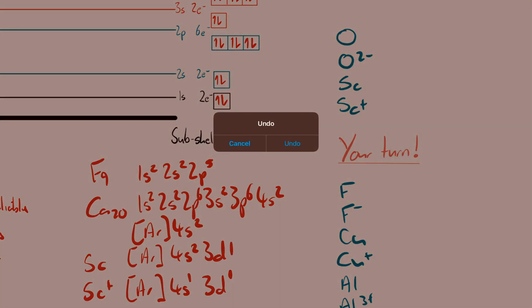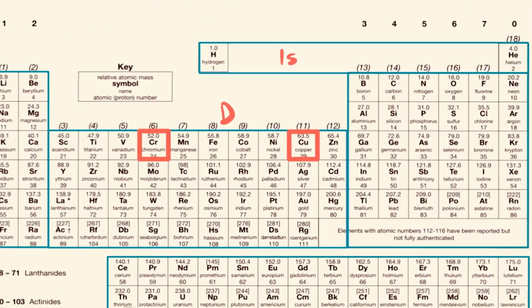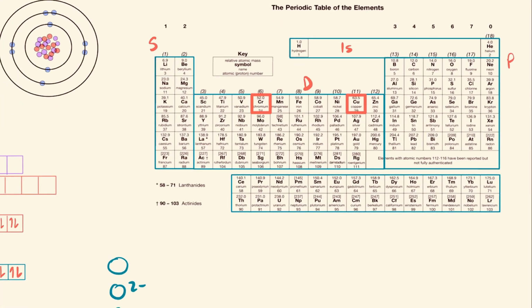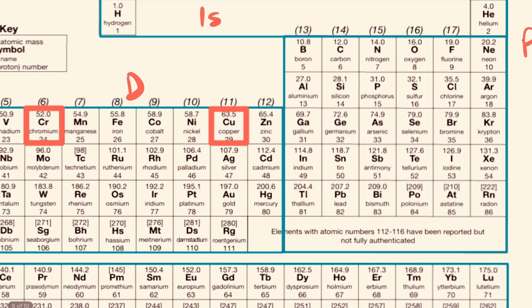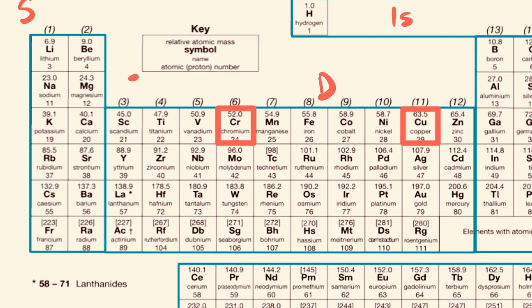We also have a couple of exceptions. So we've got chromium and copper as our exceptions, and I'll show you why. And again, I get into the habit of labeling these straight away. If we go to our Ar before, we get to 4s1 first, and then 3d 1, 2, 3, 4, 5.